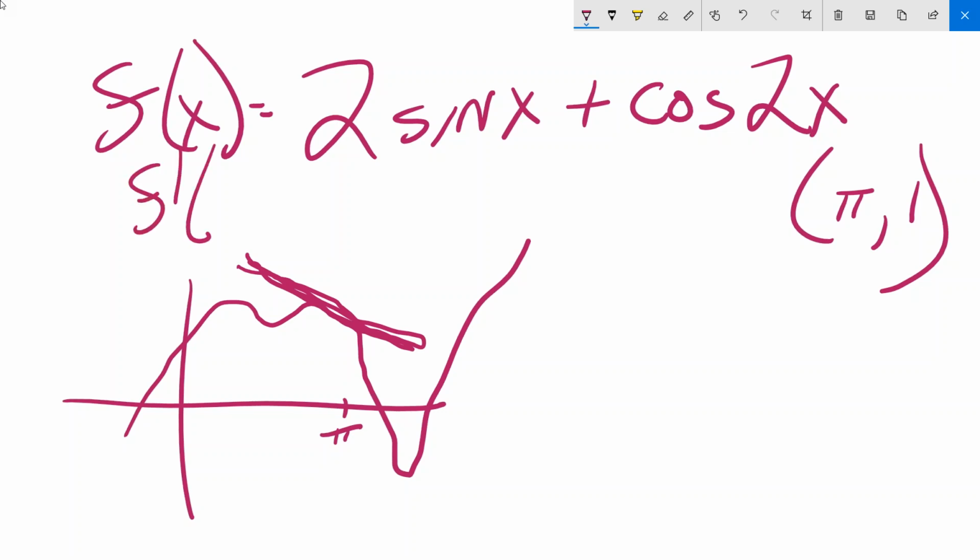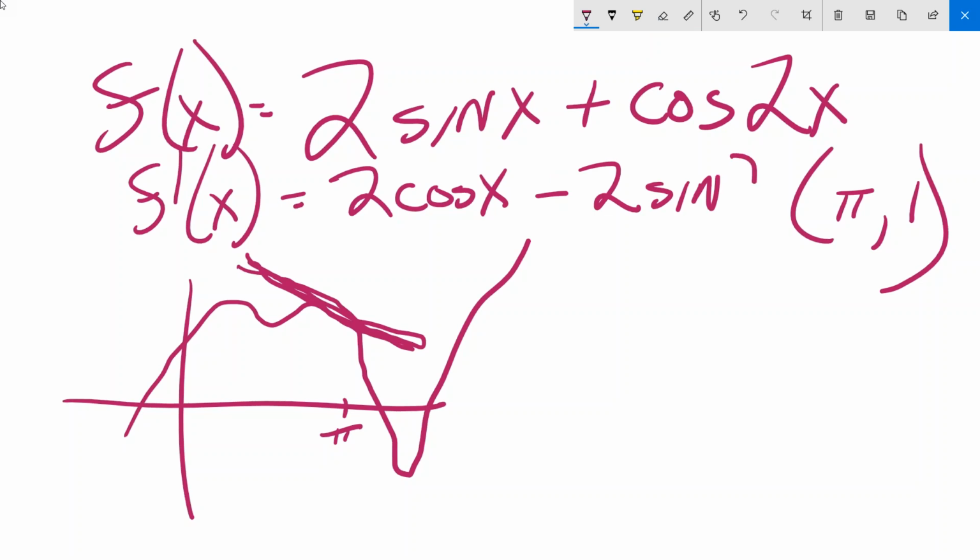So what's f prime? That's going to be 2 cosine x, plus the negative sine of 2x times negative 2, minus 2 sine x.